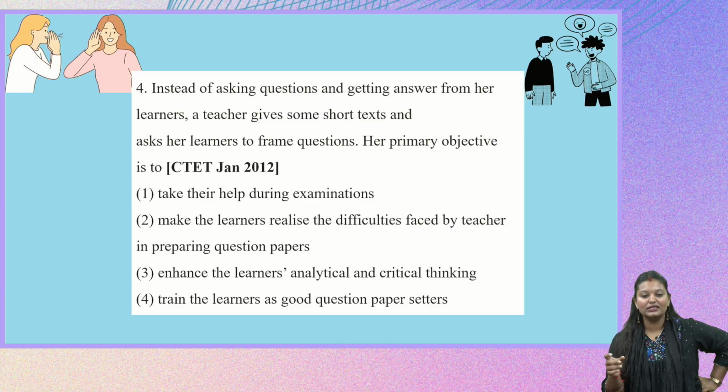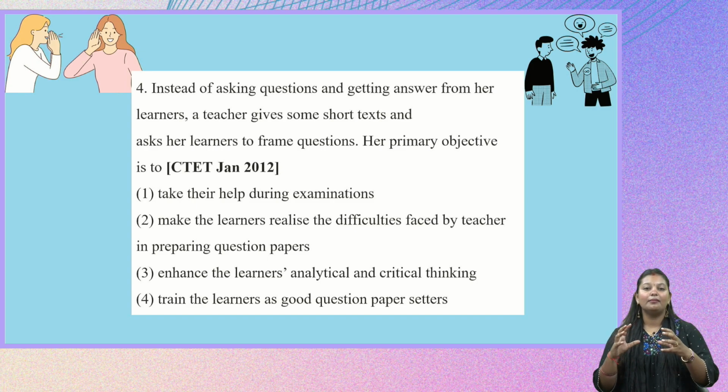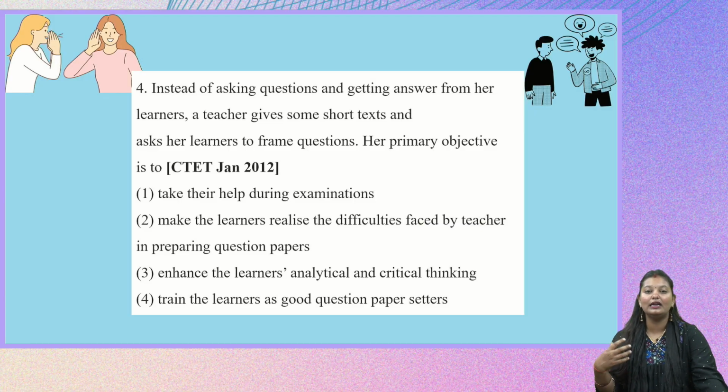The next option is enhance learners' analytical and critical thinking. So these are certain skills, higher order skills, which we are trying to develop in our learners. Will that be an objective here? Now let us look at the 4th option. Train the learners as good question paper setters. So the objective of the teacher is to make sure that the learners know what kind of questions they should make in order to prepare a good question paper and ultimately become good question paper setters.